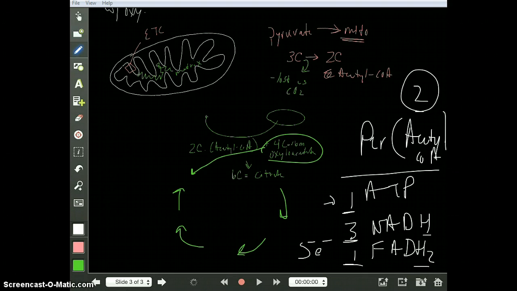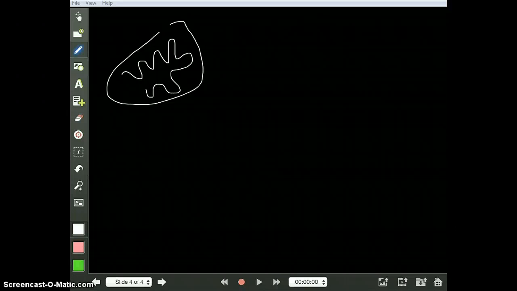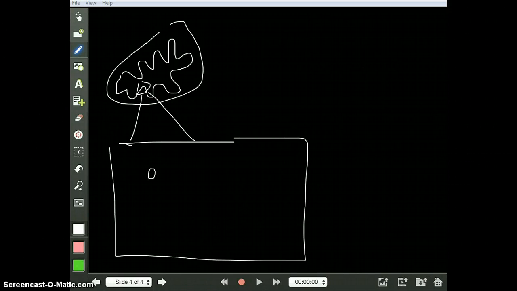Now, that being said, we're going to go from our mitochondria, those inner folds within here. Zoom into one of those folds, we just zoom in this box. What we're looking at is a phospholipid bilayer.